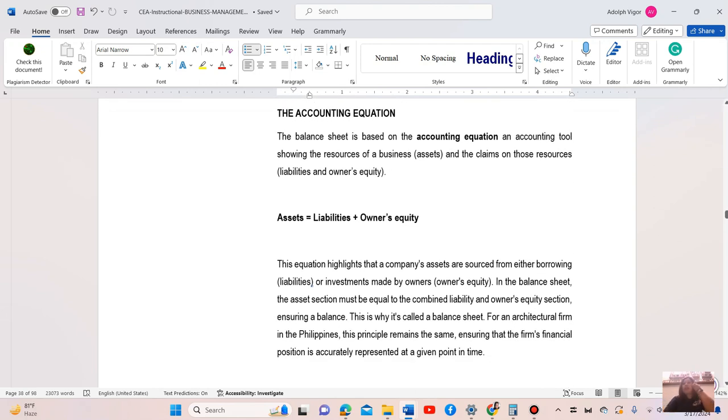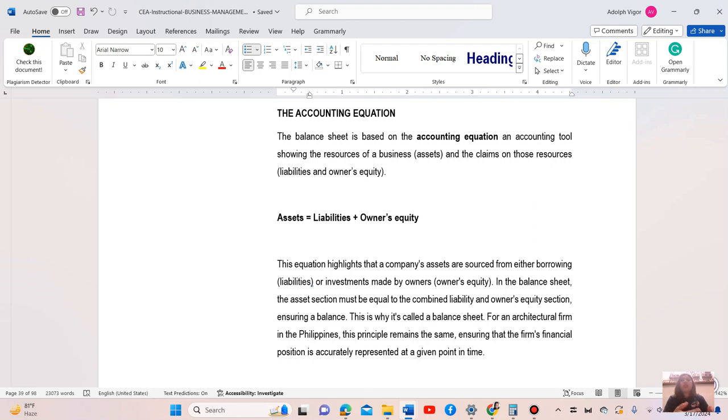What is the accounting equation? The balance sheet is based on the accounting equation, an accounting tool showing the resources of the business, which is the assets, and the claims on those resources, which is the liabilities and owner's equity.